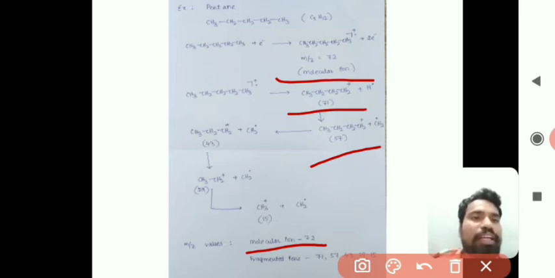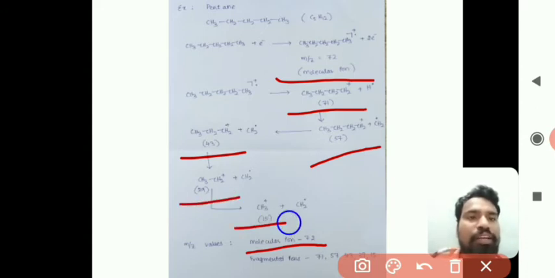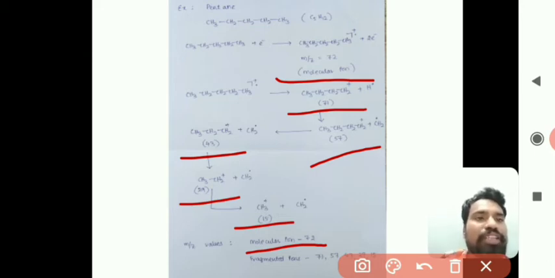Next is the propyl carbocation, 43, next is the ethyl carbocation 29, and the methyl carbocation, 15. So these are the m/z values of the different fragmented ions formed in the fragmentation process of pentane.